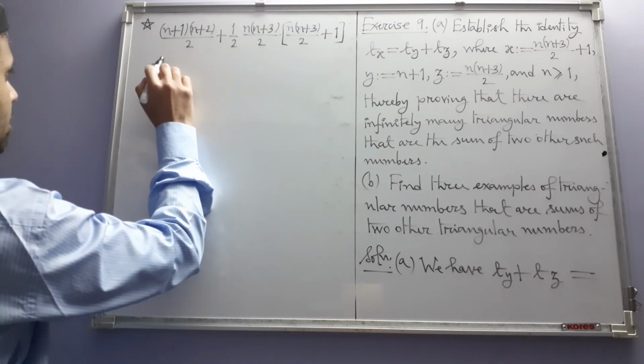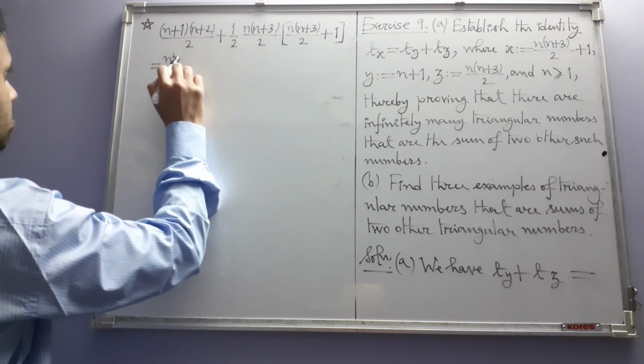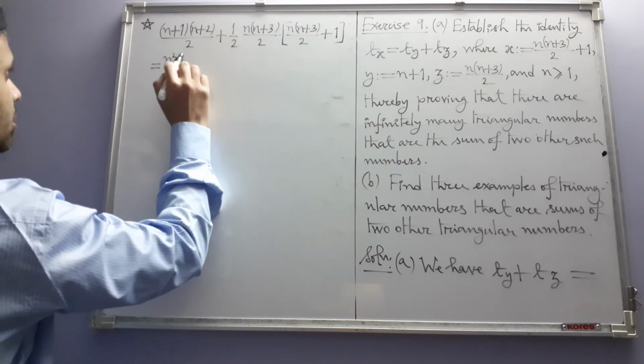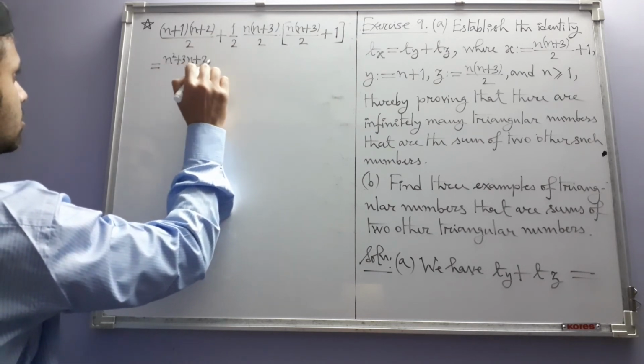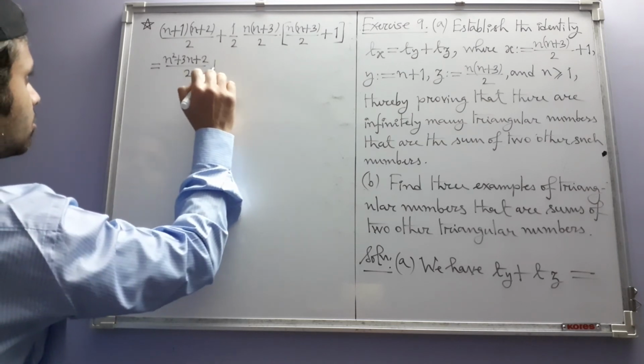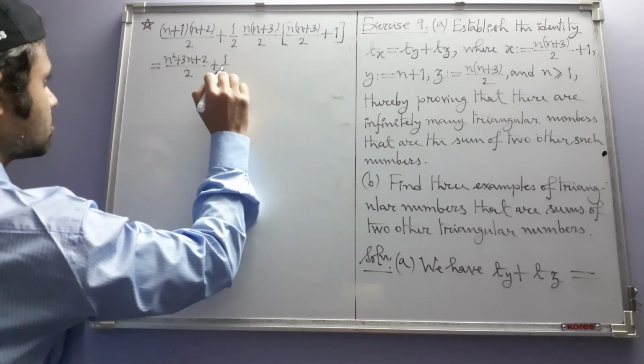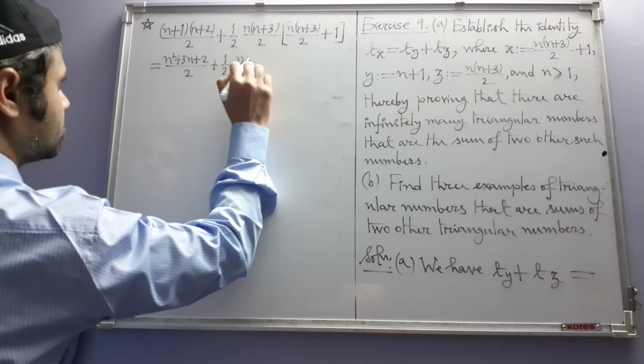So the first term is n square plus 2n plus n is 3n plus 2 divided by 2 plus whatever else we have.